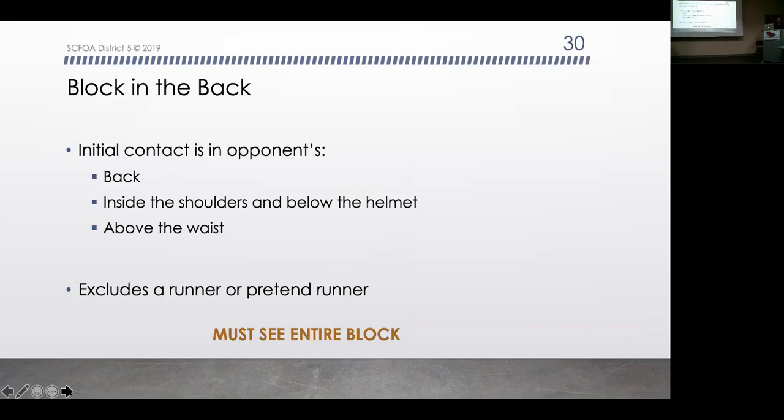Obviously, it excludes a runner or a pretend runner. And here we have to see the entire block. We talked about in the video a few seconds ago, you have to see the initiation of the block. Because how many times do we catch the tail end of it, and you see the guy getting pushed, but how did that happen? Did he turn? Did he start contact on the side and then keep going this way? That's where we have to see the entire block.